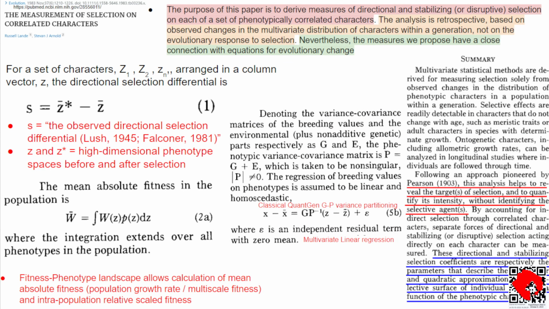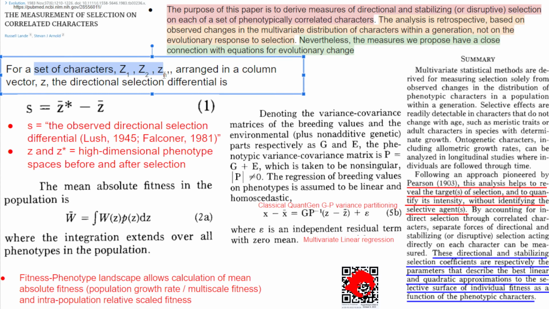Going into a little bit of the details of the Lande and Arnold paper. So they defined the set of characters that are being measured on this Z vector. So if you made 50 morphological measurements, you'd have 50 rows in the vector. If you had 128 EEG measurement leads, you'd have 128.